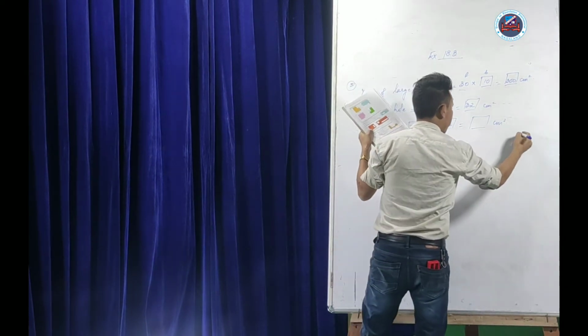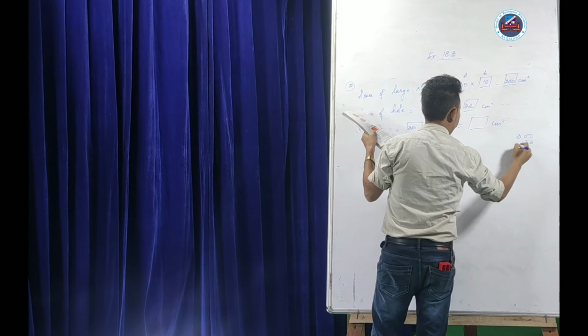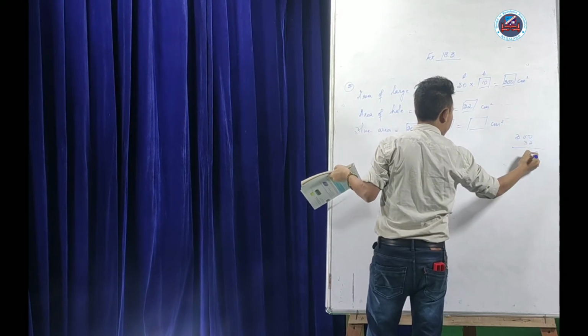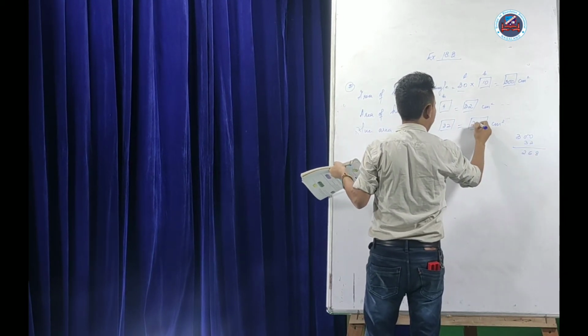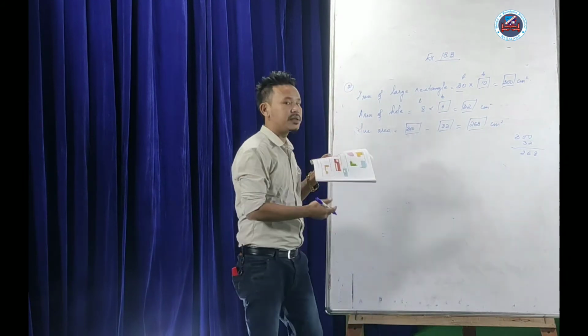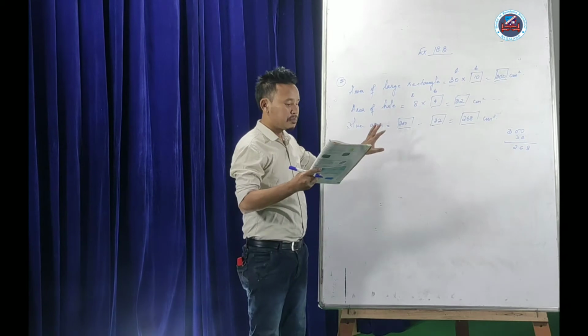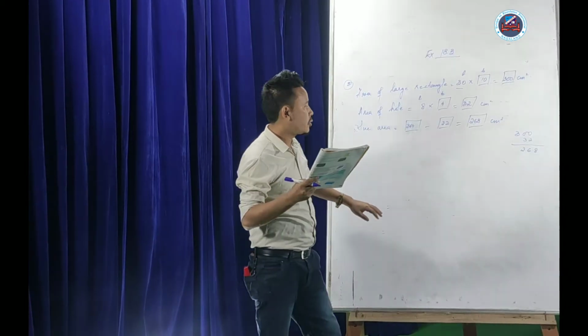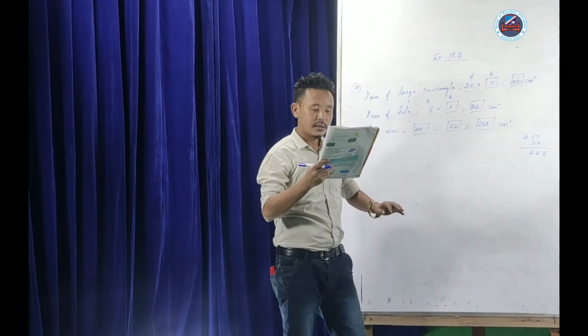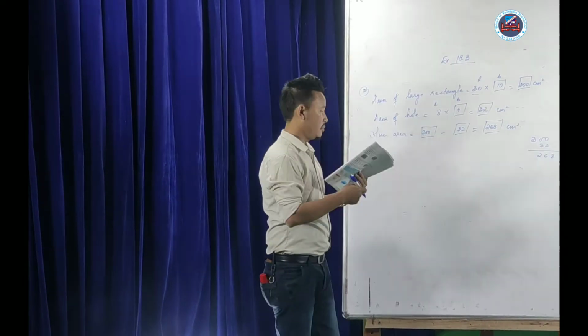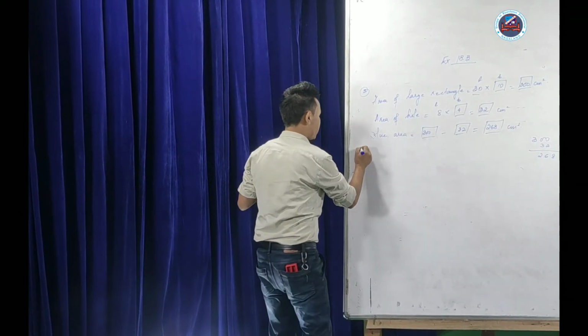When we subtract 32 from 300, the answer we get is 268 centimeters square. What does it mean? It means the area covered by the blue section is 268 centimeter square. Now, the same way we'll do question number 4.